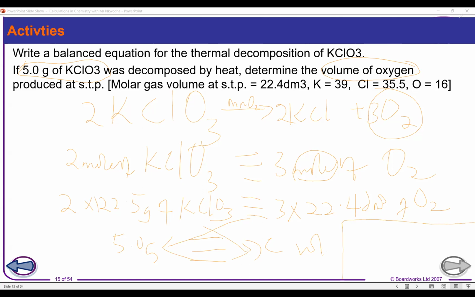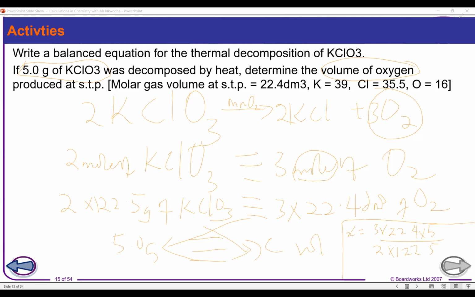So that means I have X equal to 3 times 22.4 times 5 divided by 2 times 122.5. So I've solved every other thing. Cross multiply and divide both sides by the coefficient of X. That's what I just did. So that gives us the value of X.